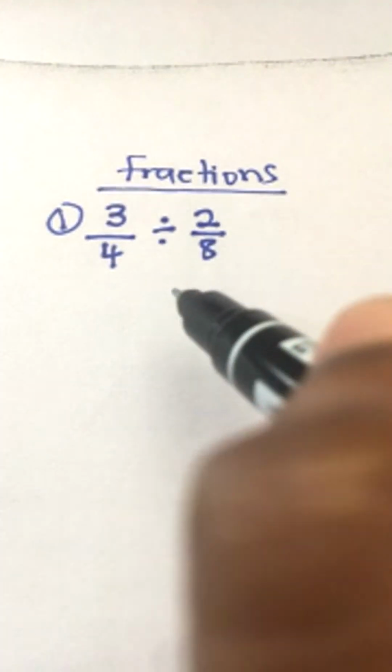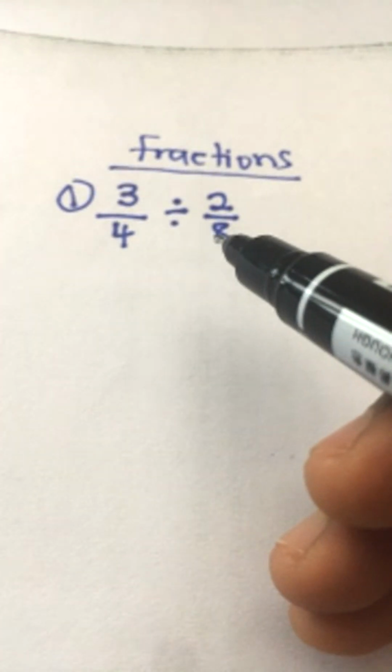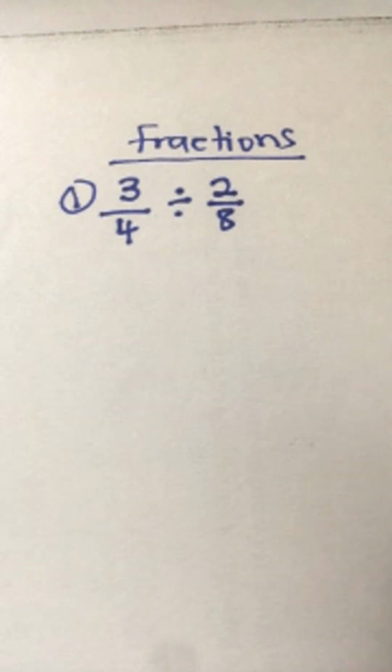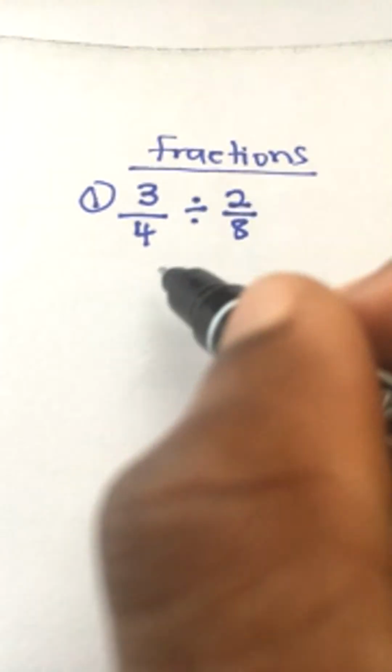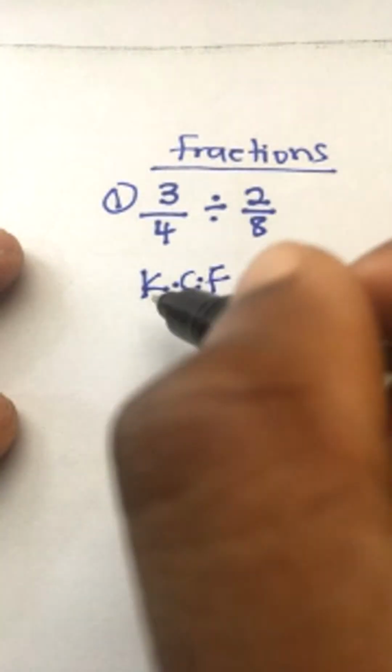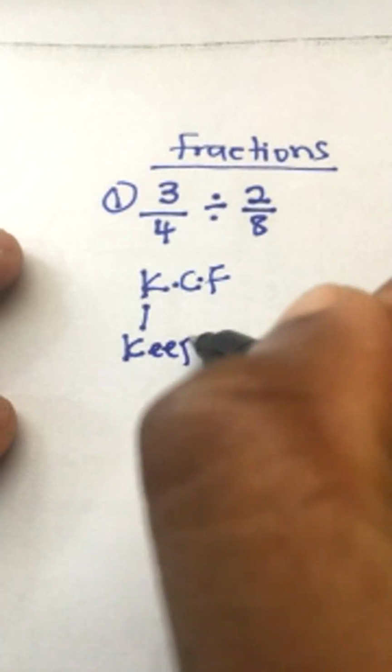Anytime you see a question like this, division of fractions, what you do is use what we call the KCF factor, where the K stands for keep.